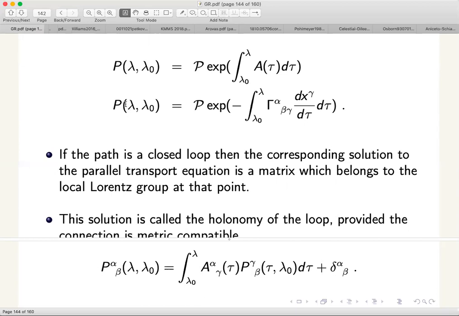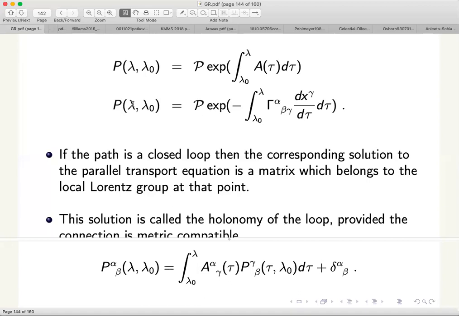So that quantity is still going to change, but in the physical spacetime, you are back to the same point. Therefore the new vector that you get is a vector in the same tangent space. Now if you have two vectors defined in the same tangent space, then they can be related to each other by the local symmetry, and the local symmetry that we have is the local Lorentz symmetry.